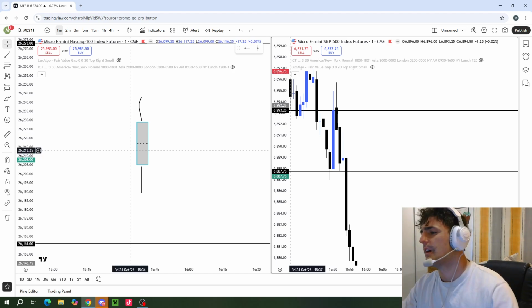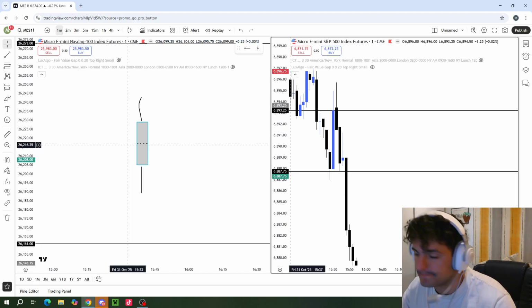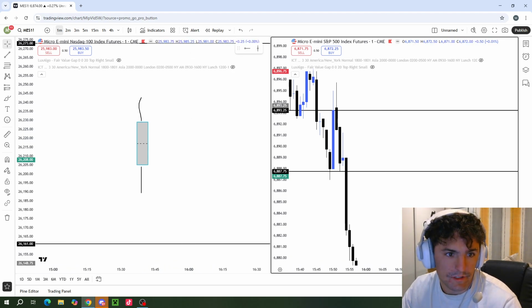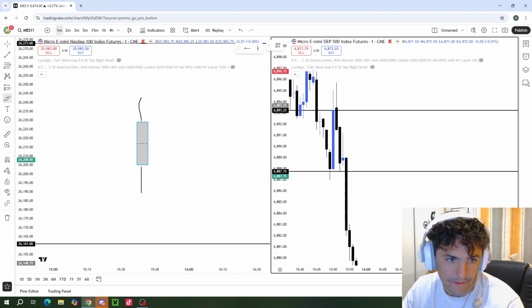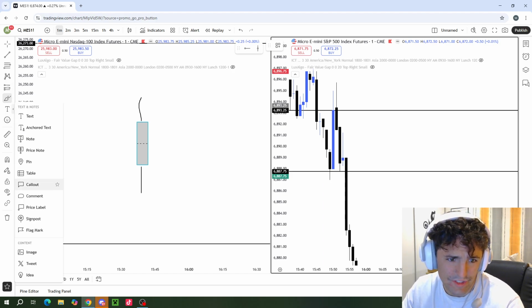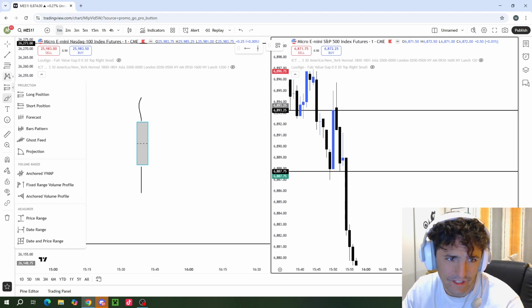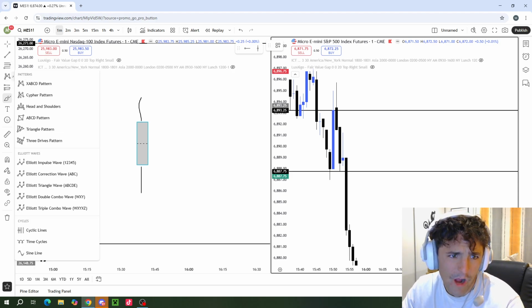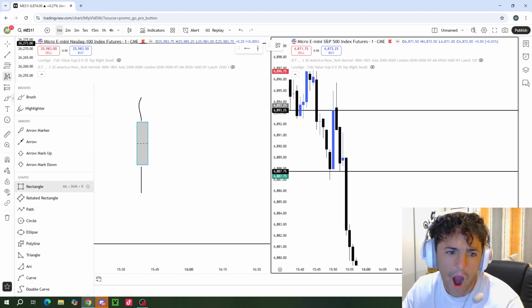Okay, now two different examples. I'll draw two candlesticks.